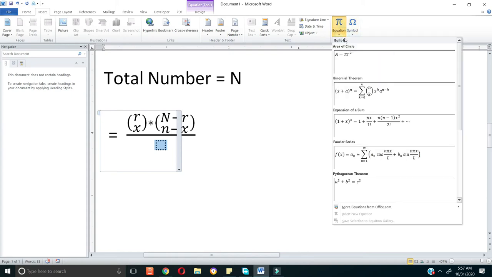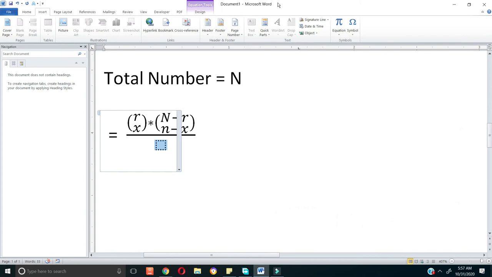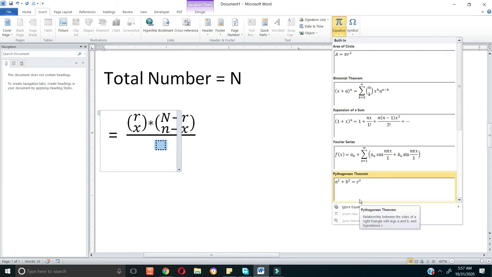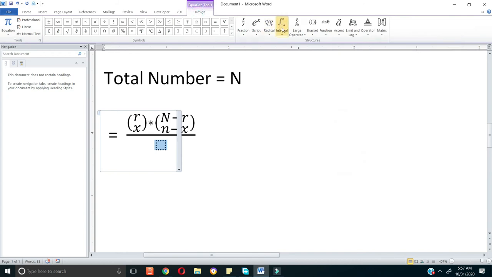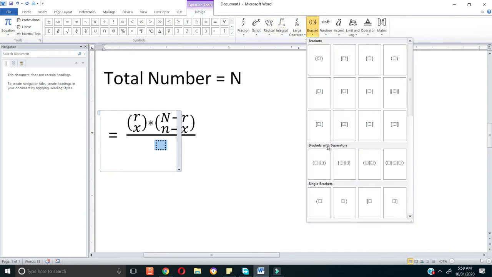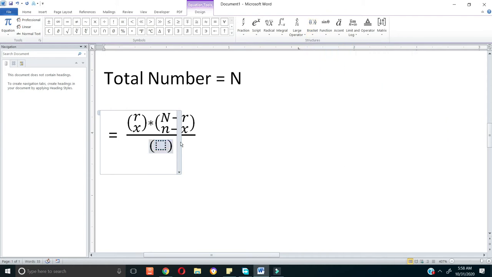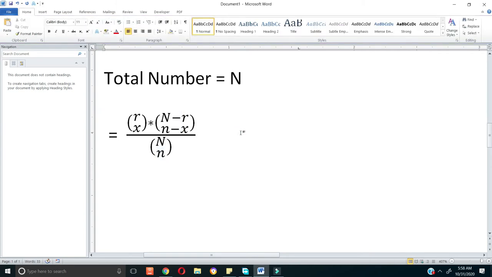So let's just look at the equation. We need a bracket. Basically, this is the total number of ways that we can pick n lowercase balls from N uppercase balls.